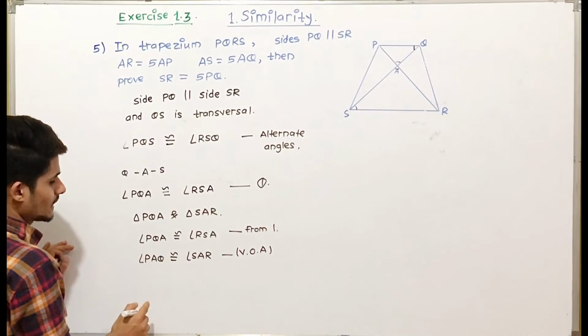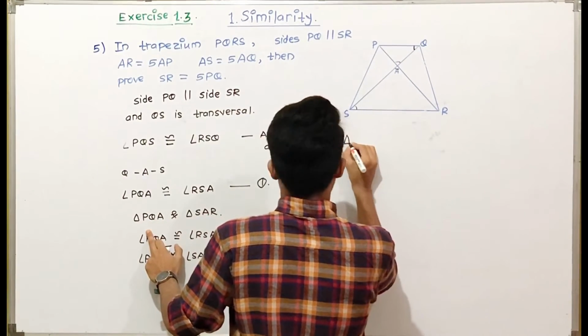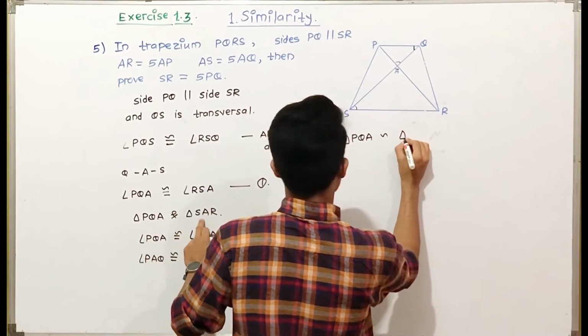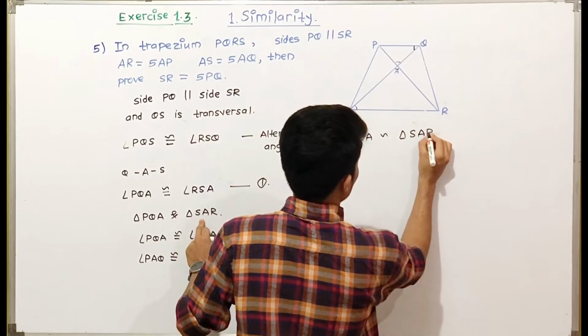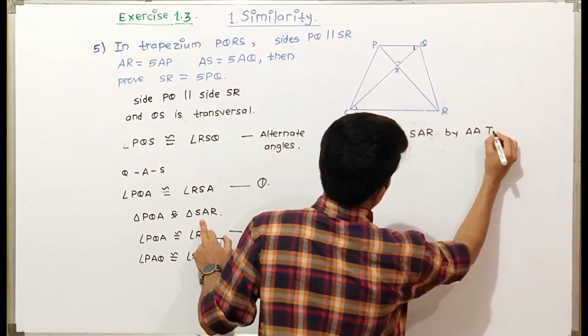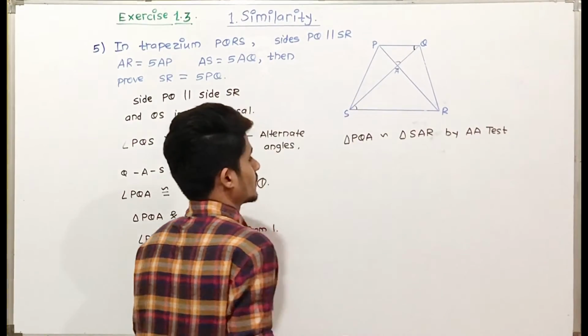So by AA test, triangles are similar. Triangle PQA is similar to triangle SAR by AA test, that is angle test.